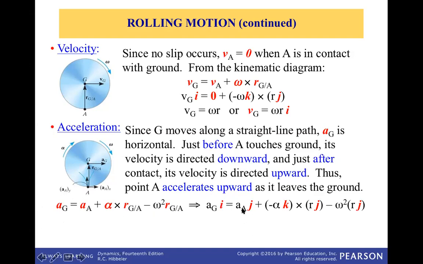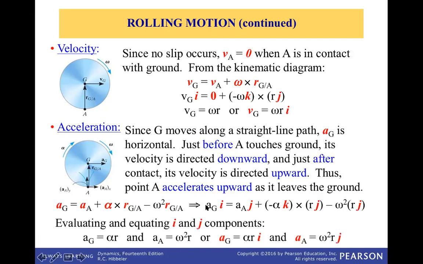At point A, it's just in the J direction. Point G should be just in the I direction because the center goes along a straight line to the right. And then plus alpha in vector form. Again, this is minus alpha because alpha is going clockwise, cross Rj, minus omega squared times Rj.